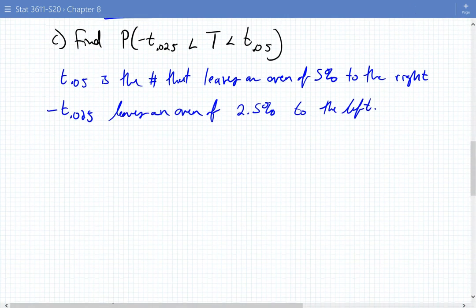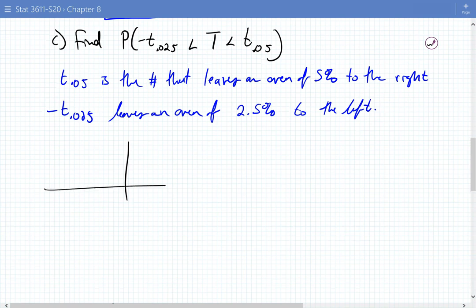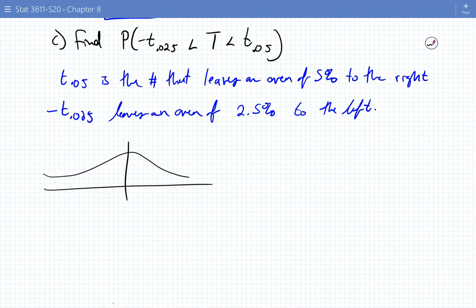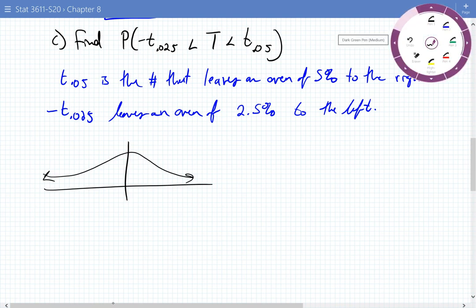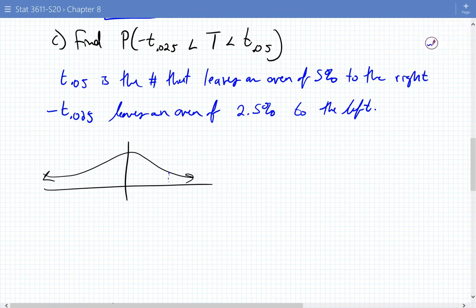Let's draw a sketch of where these numbers are. Remember, the t-distribution is symmetric, much like the normal distribution was, so we can do a sketch real quick. T of 0.05 is going to leave 5% to the right. So if this number is t of 0.05, then there's 5% of the area over here.